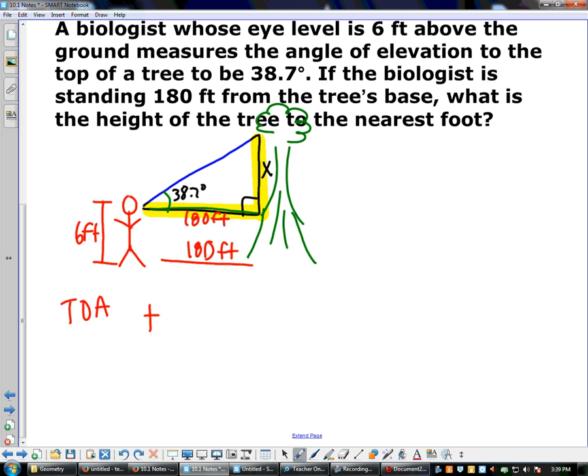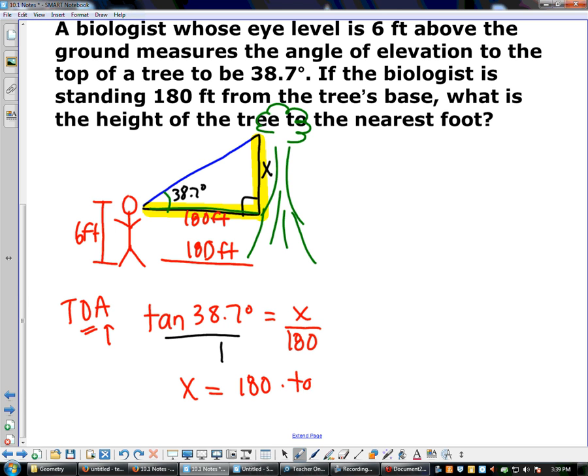So we will say tangent of my angle, which is 38.7 degrees, is equal to the opposite, which is x, over the adjacent, which is 180. So in order to solve for x, I'm going to put this over 1 and cross multiply. So I'm going to have 1x is equal to 180 multiplied by the tangent of 38.7 degrees.